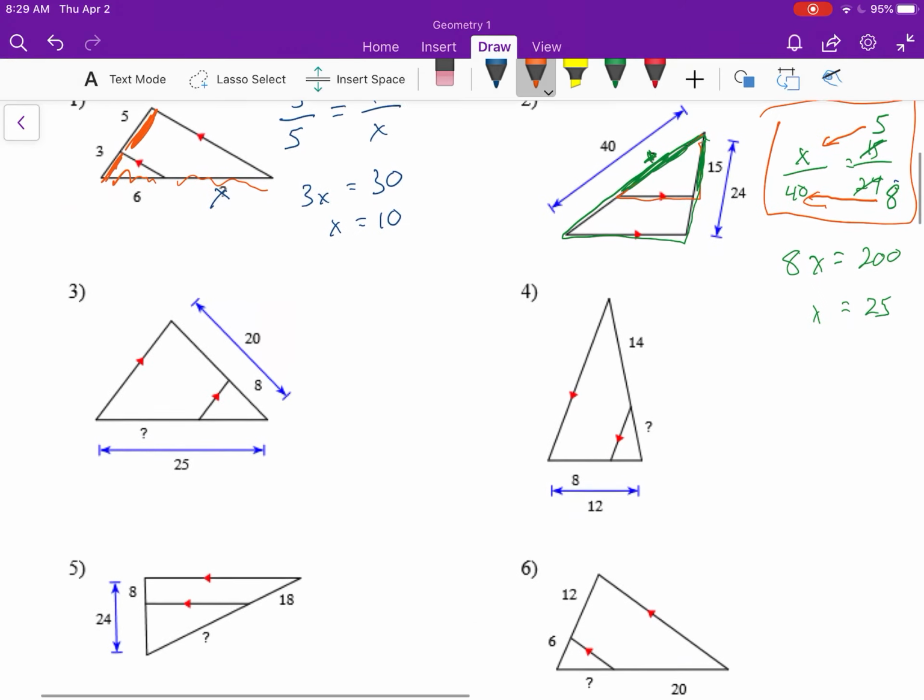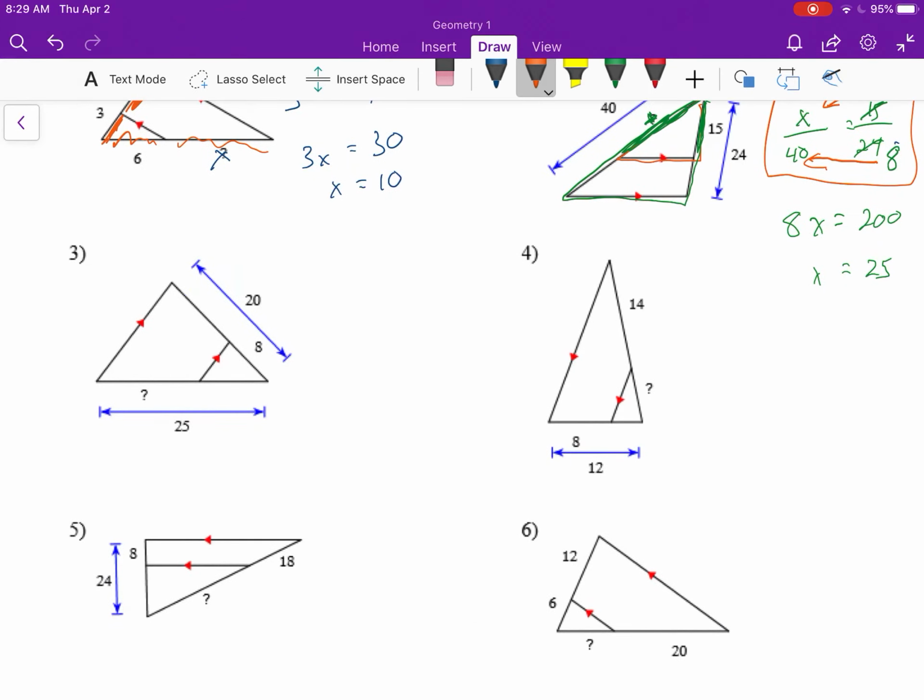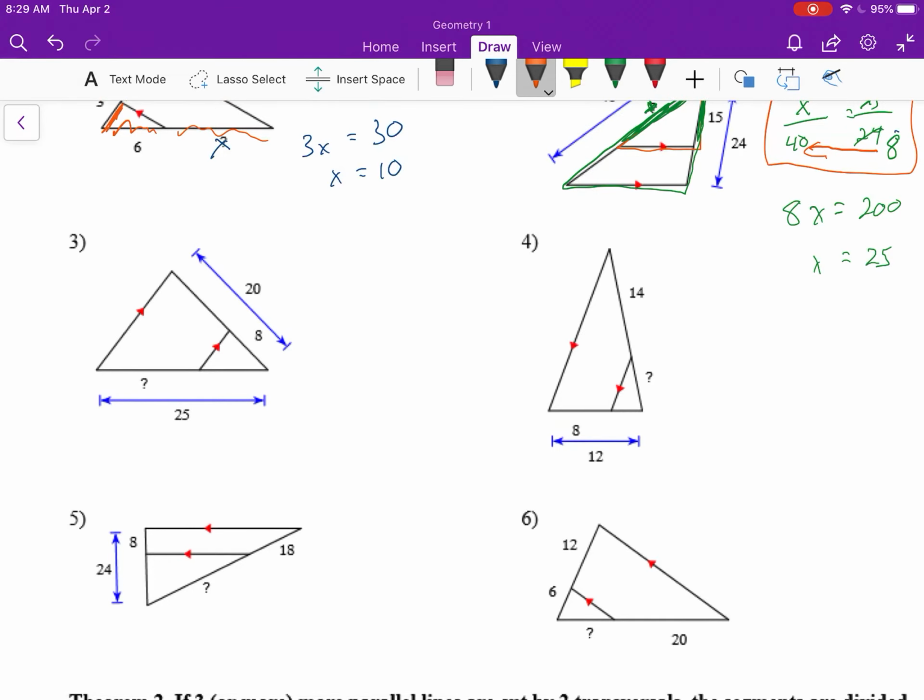Let's look at number 3, and then the rest I'll leave up to you guys. This one is a bit different. We could try looking at 8 over 20.